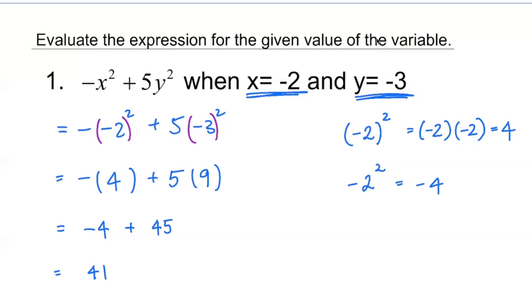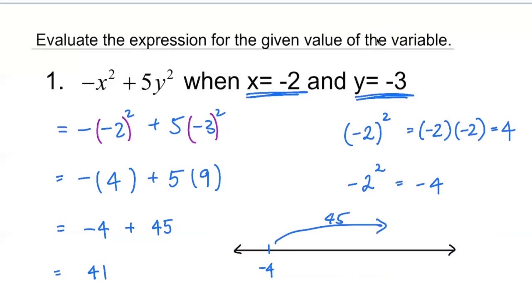Now I know some people may be a little bit shaky when they do the -4 plus 45. If you are shaky about this kind of addition, let me show you a very good tip so that you can get it right every single time. It's very important that you have a number line conceptually in your mind. So you start from -4, and you go to the right for 45 units or 45 steps.